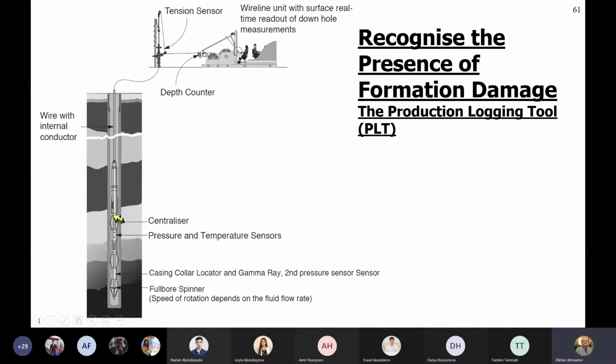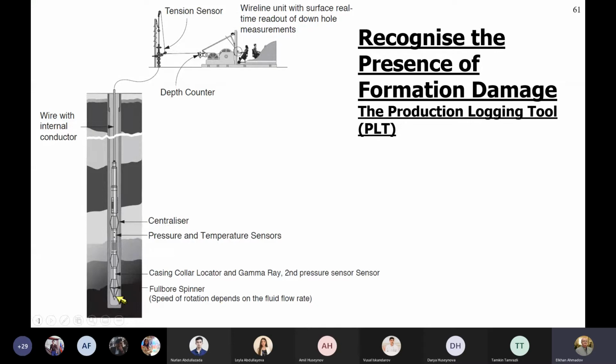We have a casing collar locator and gamma ray for the correlation, and we may have other pressure and temperature sensors, and the spinner, a full bore spinner, which rotates as the fluid flow rate affects it.